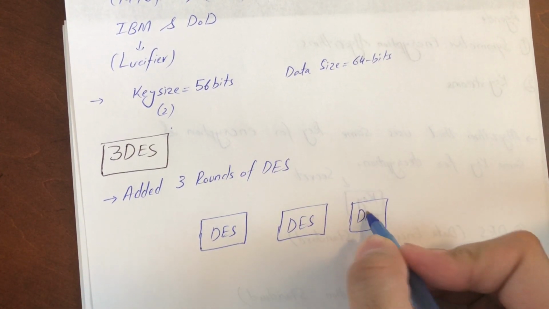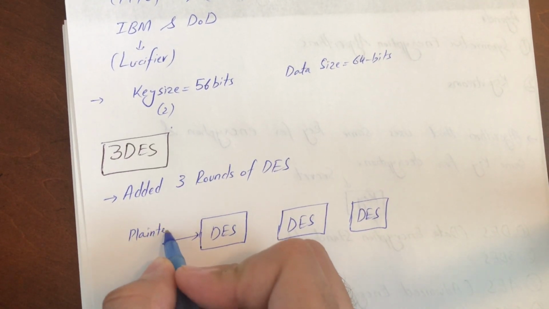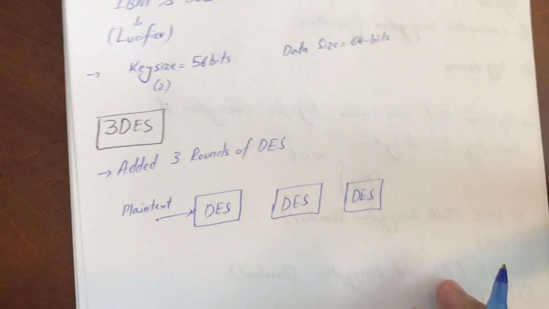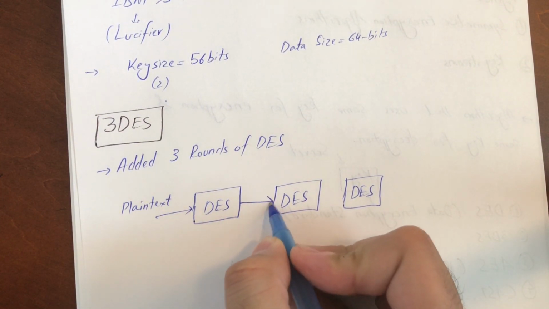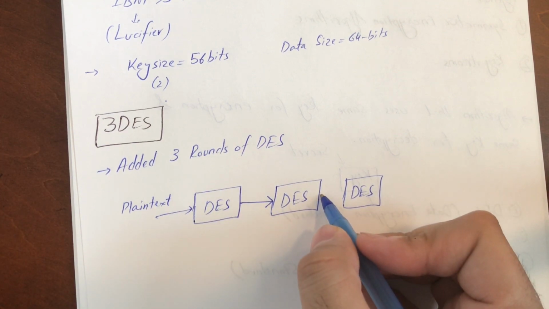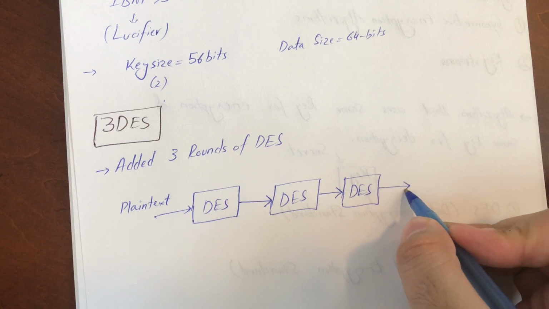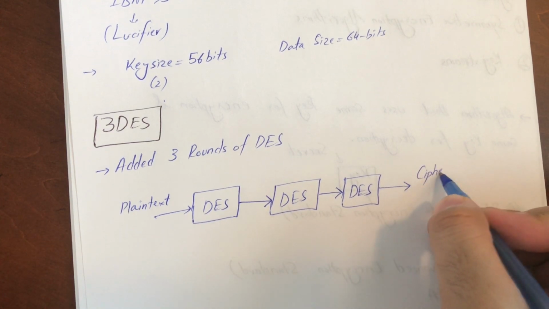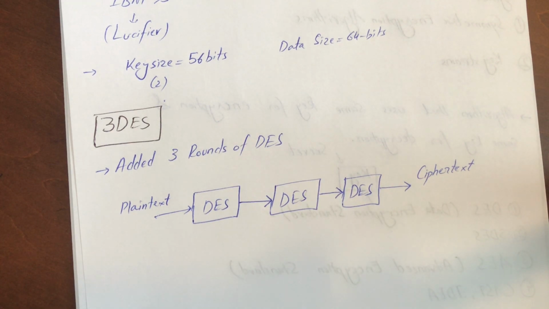Let's say this is our plain text, or your original message. Firstly, the plain text will be encrypted by the first DES. The output of the first DES will become the input of the second DES. The output of the second DES will become the input for the third DES, and the output of the third DES will become our ciphertext. This is how Triple DES works.